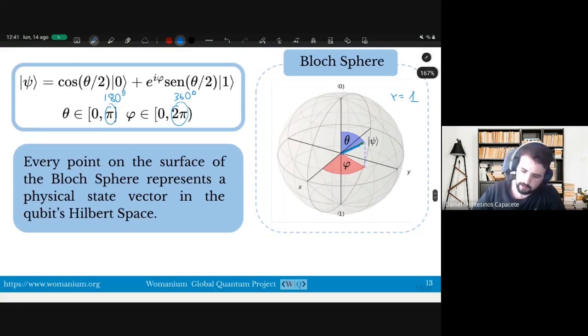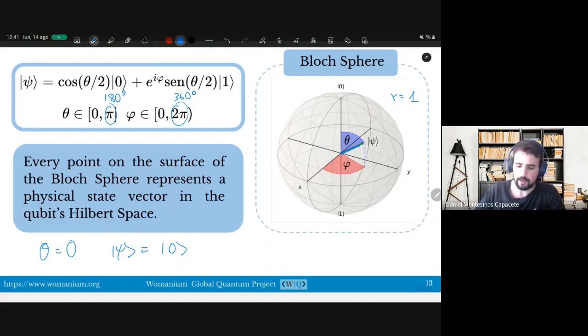For example, take theta equals 0. In that case, it will be the cosine of 0, and that is 1, right? And the sine of 0 is 0.